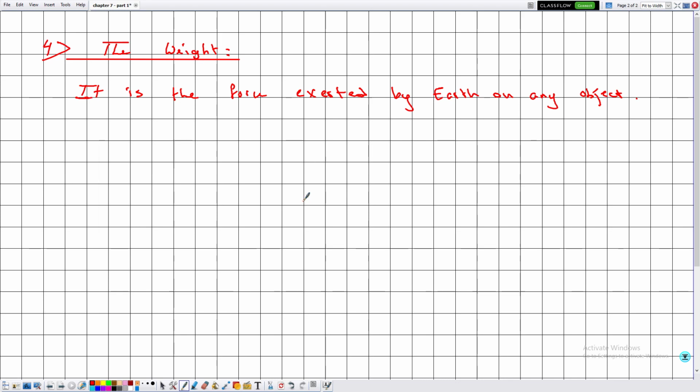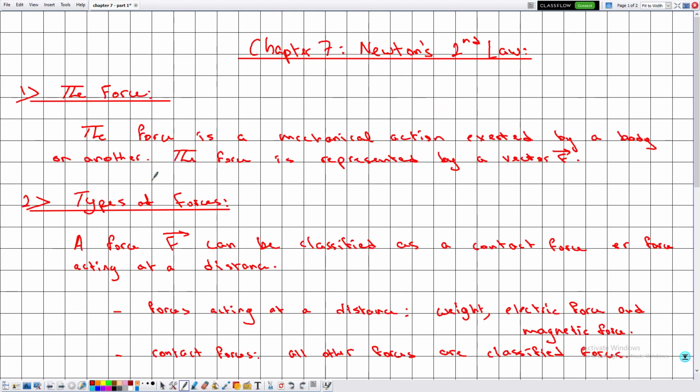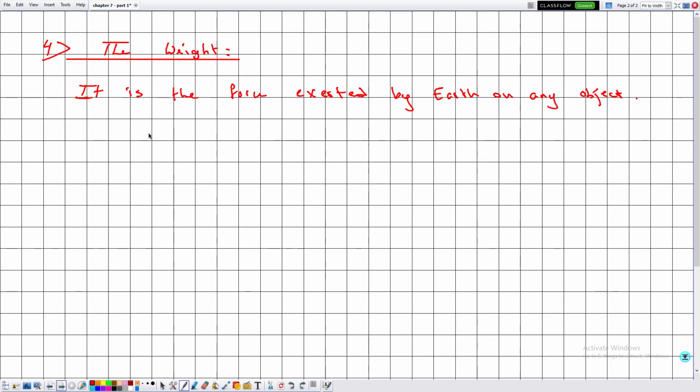Notice that this is the physical definition of the weight, not the mathematical one. If we recall, we have introduced the force in two manners. The first one is the physical definition, and the other one is the mathematical definition. So the physical definition is the force exerted by Earth on any other object.